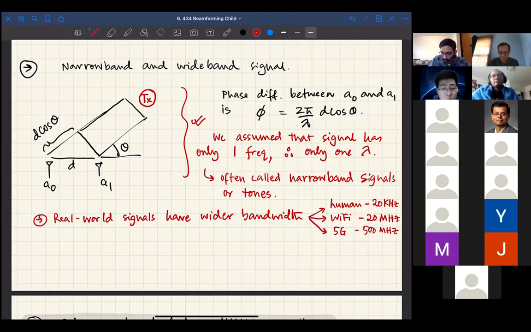Because this lambda will now become, in this situation, let's call it phi f, which will be 2 pi by lambda for that corresponding frequency times d cos theta.